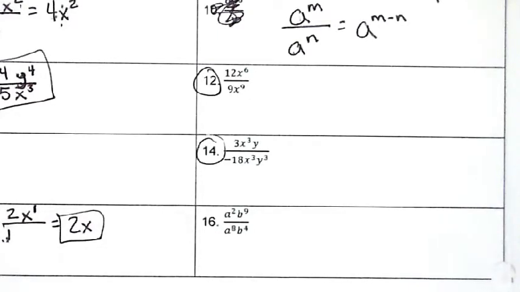Yes, Corbin. What? Always. Negative 3x. It's negative 6. Negative 1.